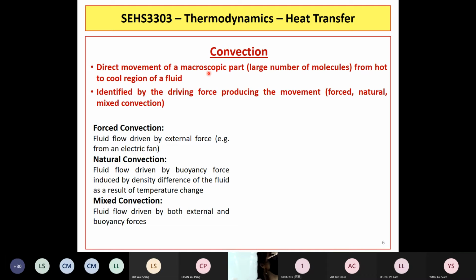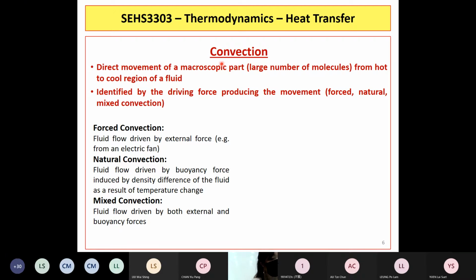Because we have the movement, that means we must have a driving force, because movement is provided by the driving force. So according to different driving forces, convection can be classified into three types: forced convection, natural convection, and mixed convection, depending on the different driving force.